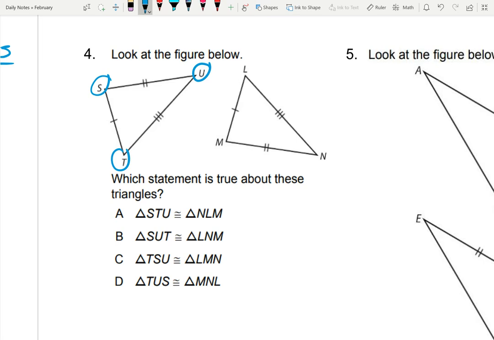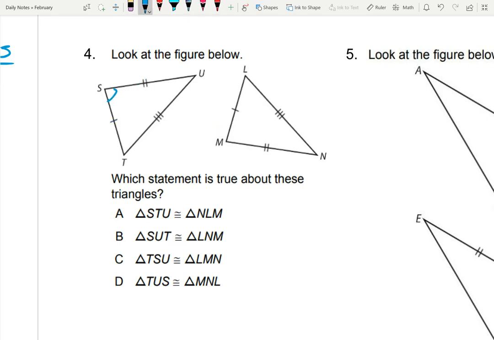STU. Actually, what might help us is if we reference which angles, we know which sides are obviously congruent, but which angles correspond to which angles. So notice S is the angle between the side with 1 and 2 tick marks. So angle M is its corresponding angle because it's the side between 1 and 2 tick marks, right? So let's note that.